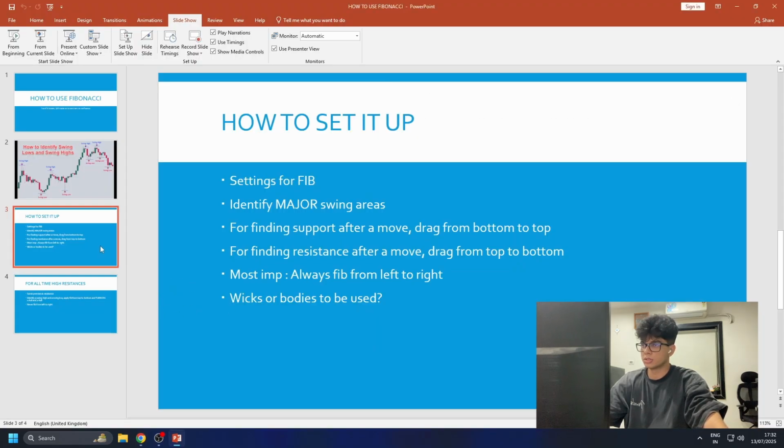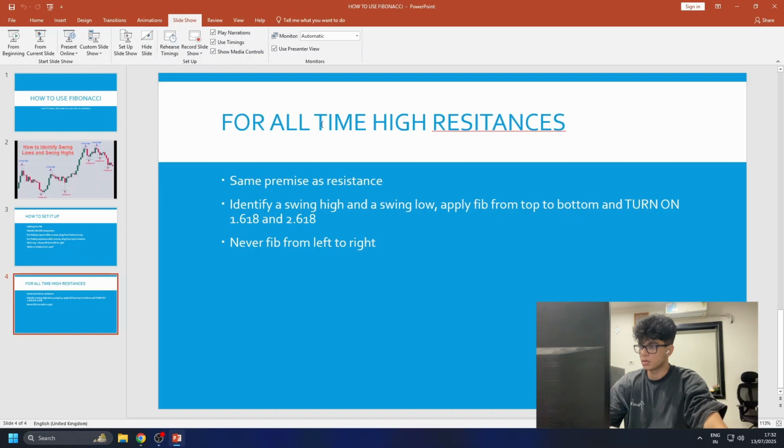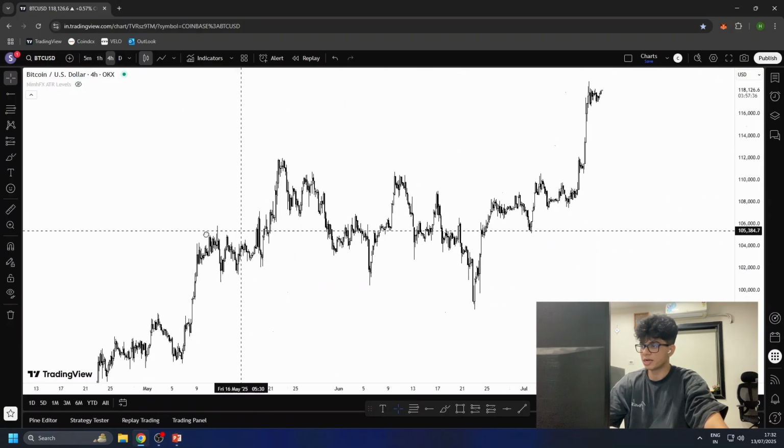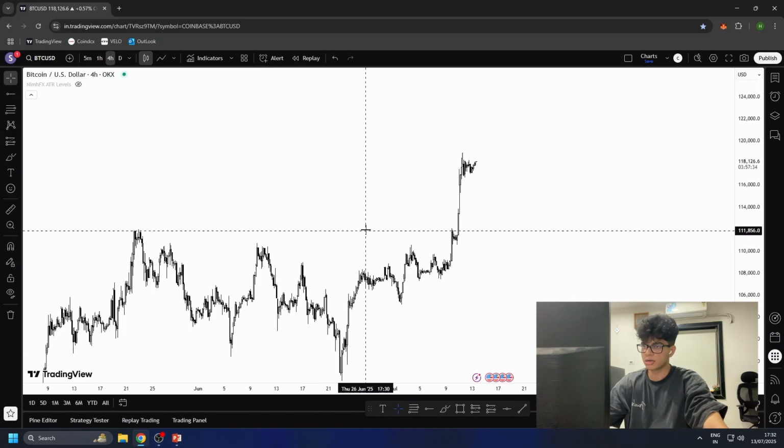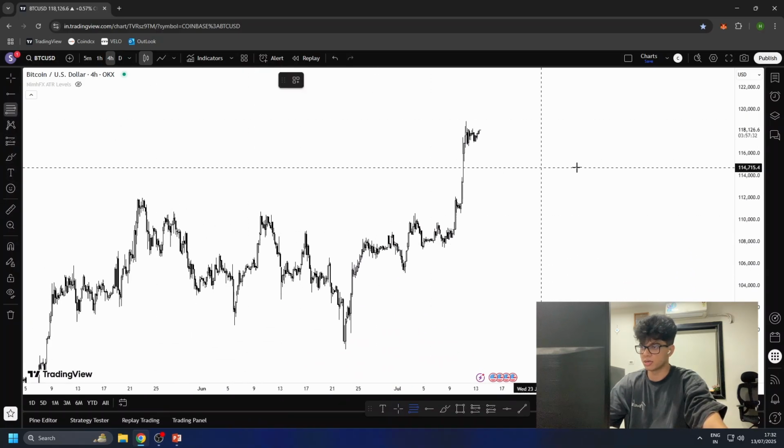Now I'm going to show you the final one, which is for all-time high resistances, right? Same premise as resistance. Identify a swing high and a swing low, apply fib from top to bottom, and turn on 1.618 and 2.618. Never fib from left to right. I'll get onto that point later, but just hear me out right now.